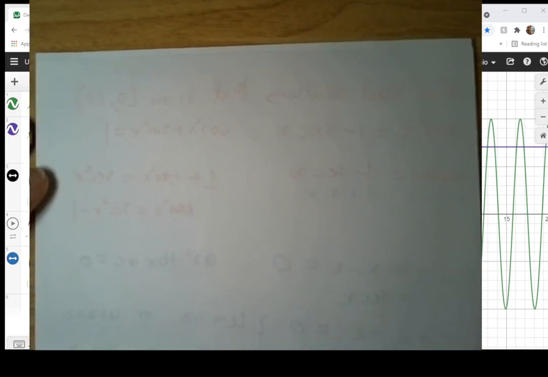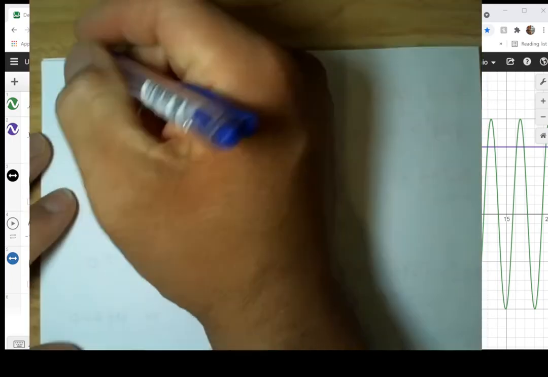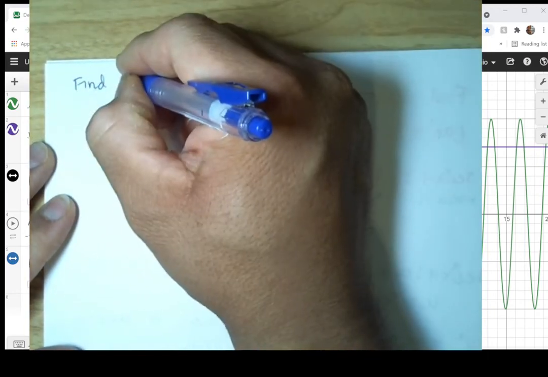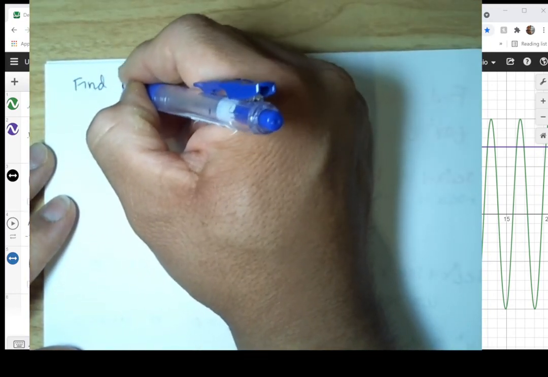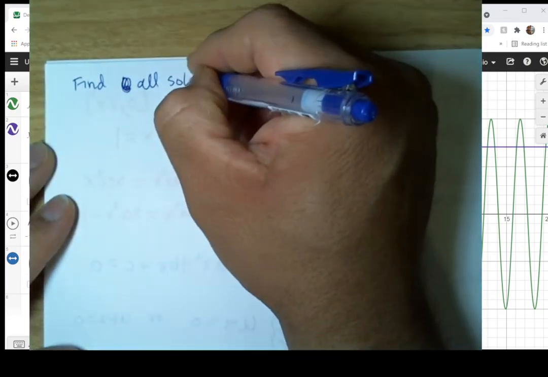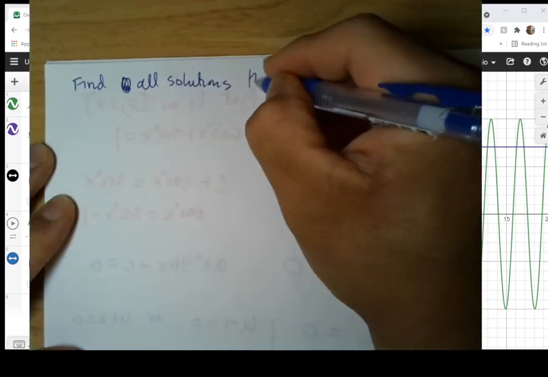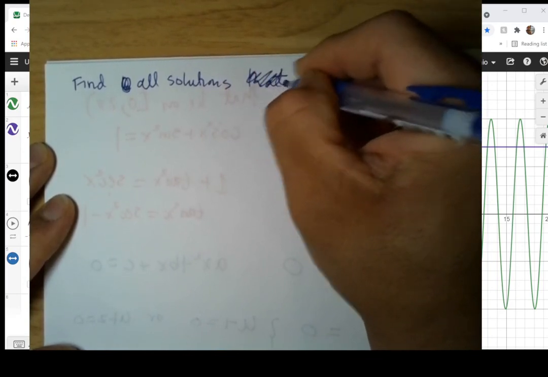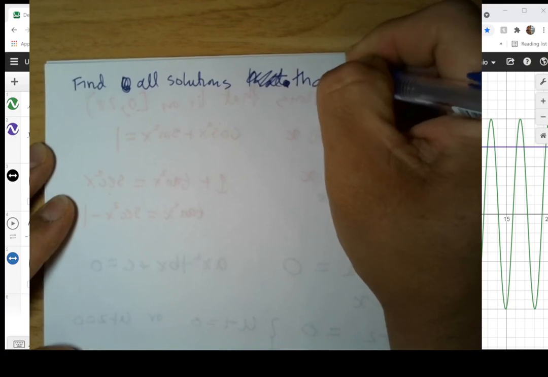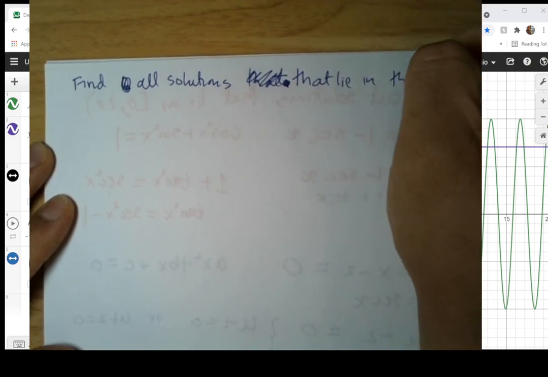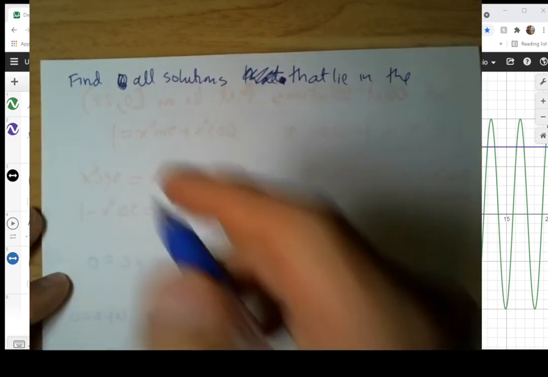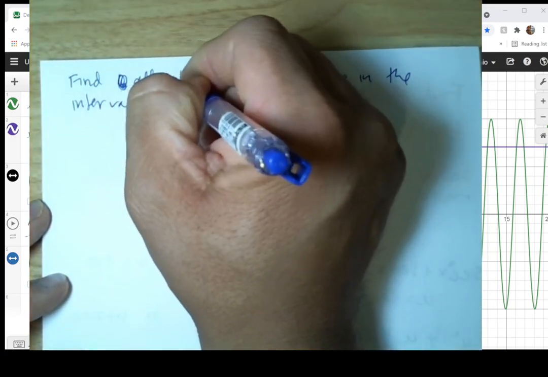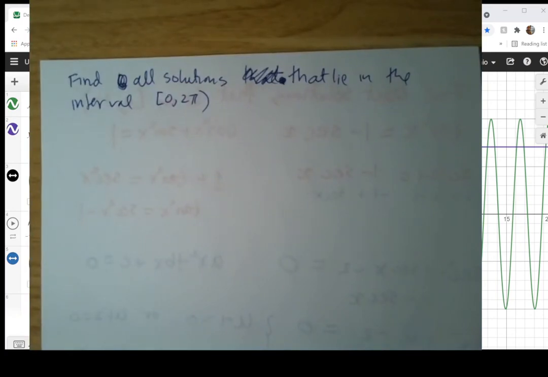Okay, so for our last example, here we want to find all solutions that lie in the interval (0 to 2 pi).